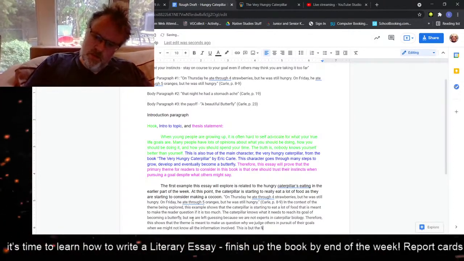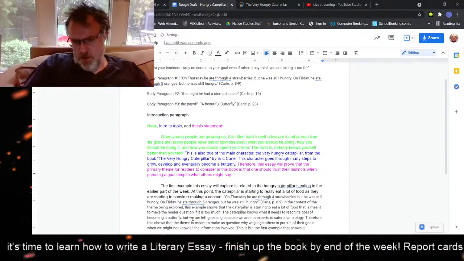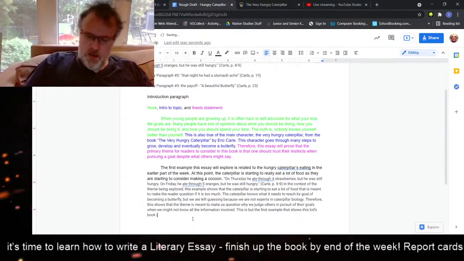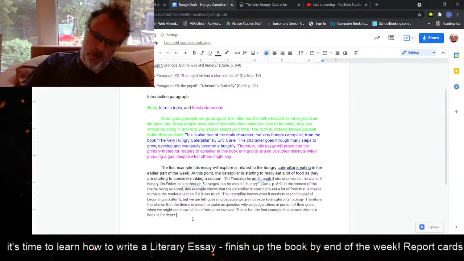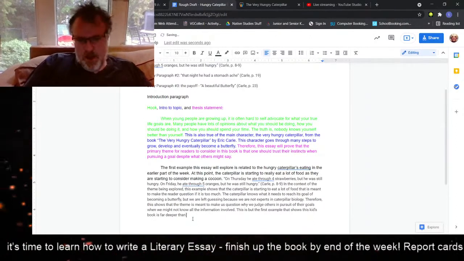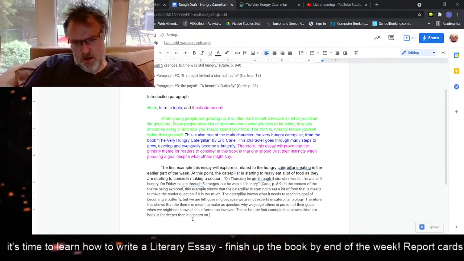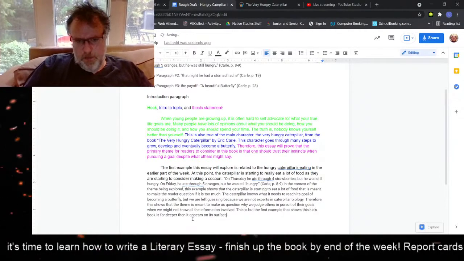This is but the first example that shows this kid's book is far deeper than it appears on its surface.